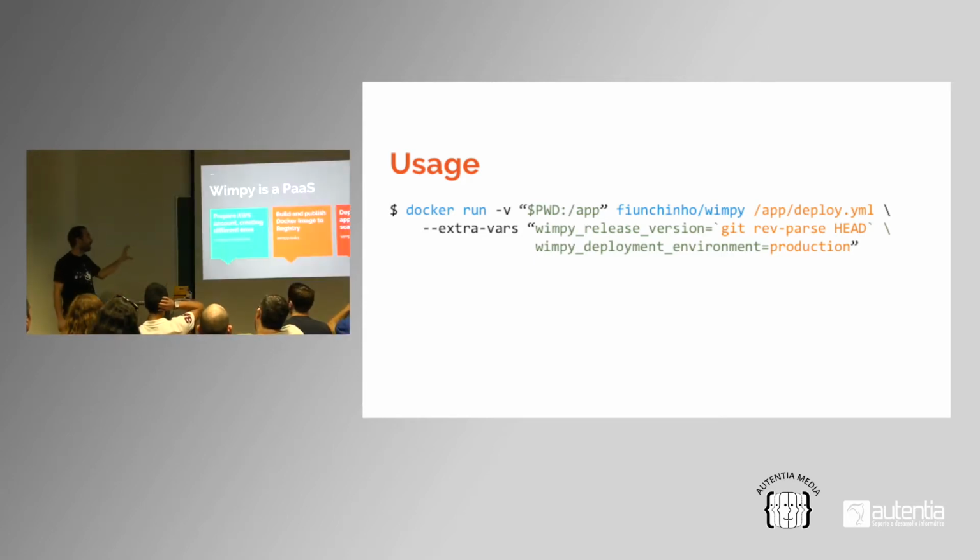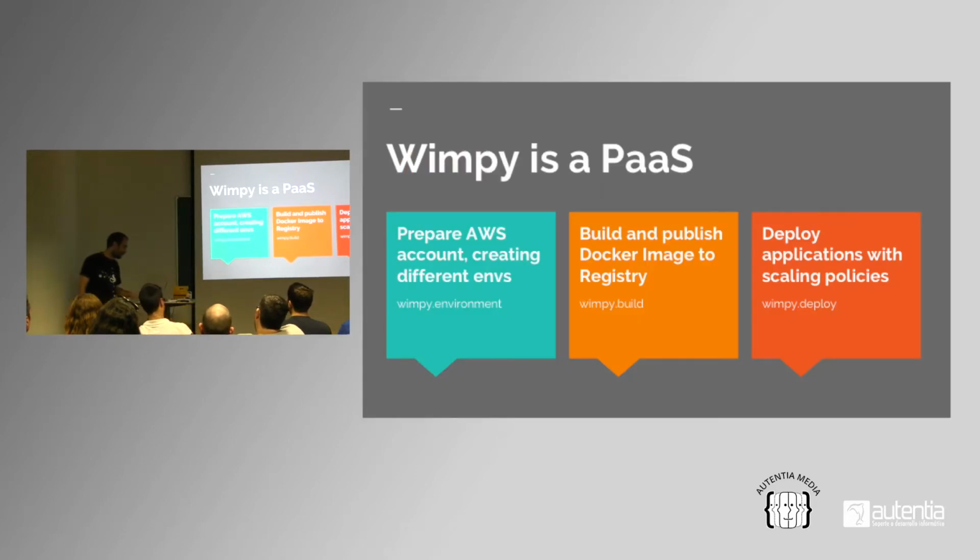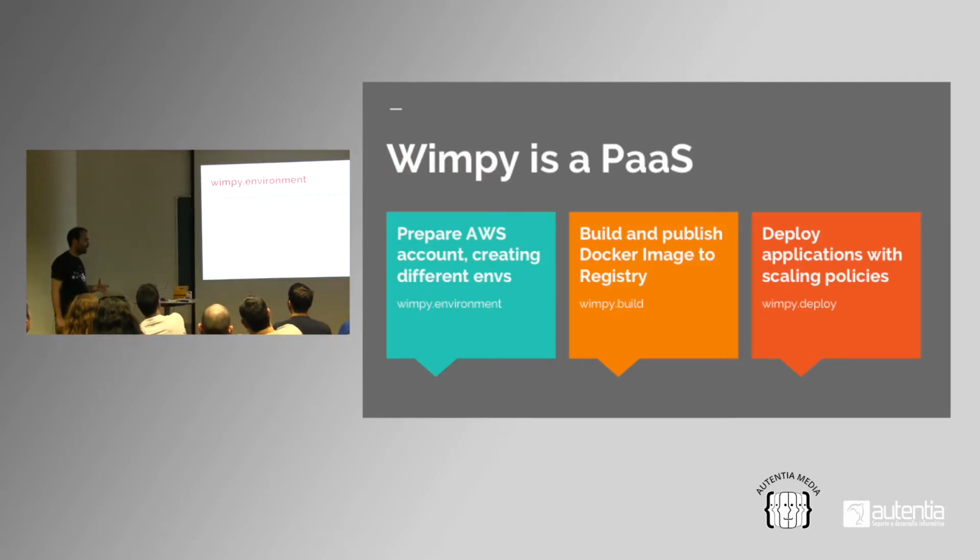Let's see how these three different parts work together. The first one is the wimpy.environment role, and this role takes care of preparing your account to be ready to accept deployments. Many people create an Amazon account, but they don't know what the good defaults on the accounts are.